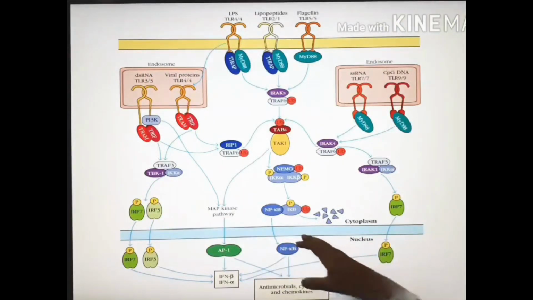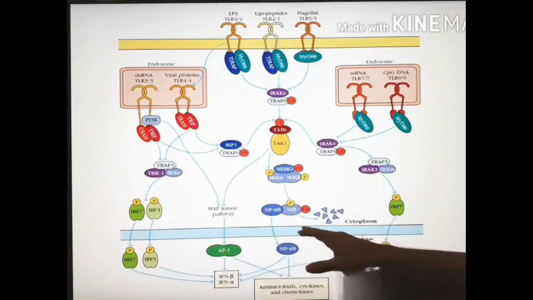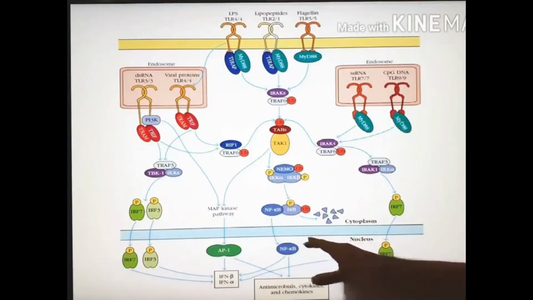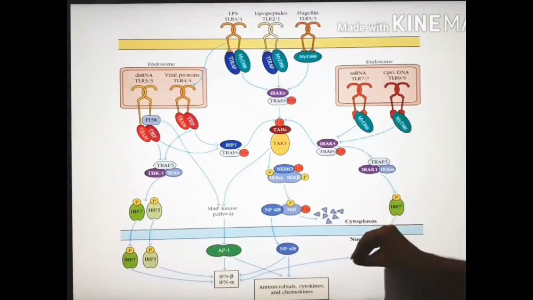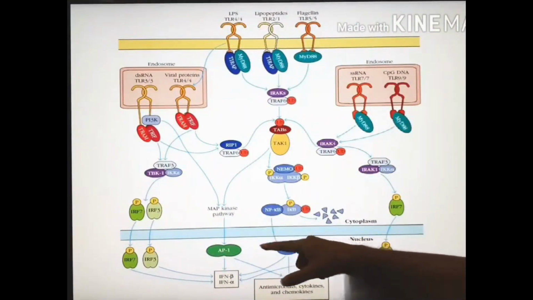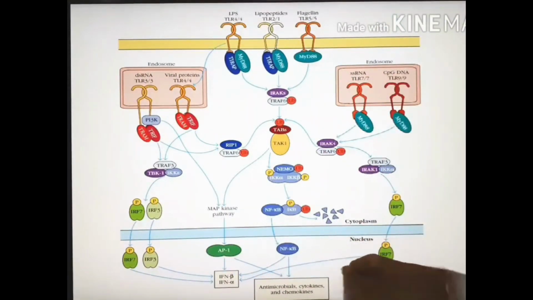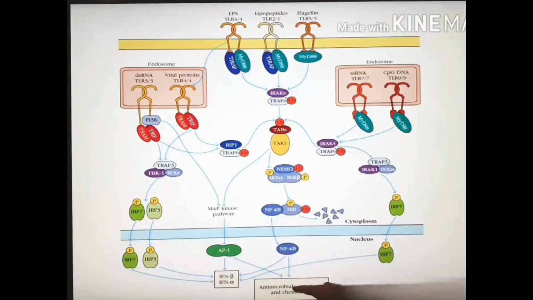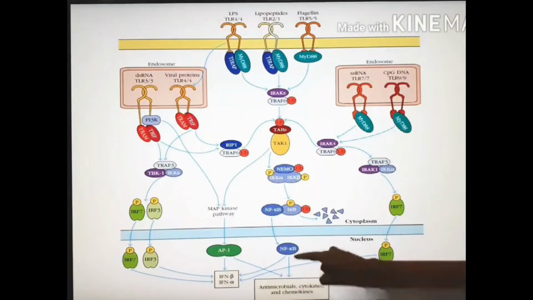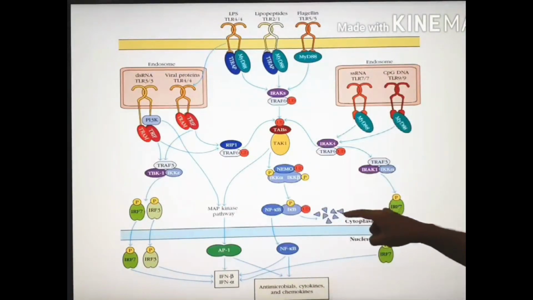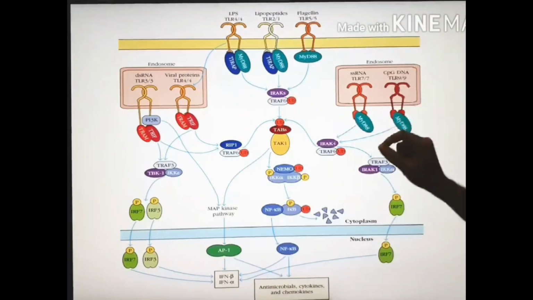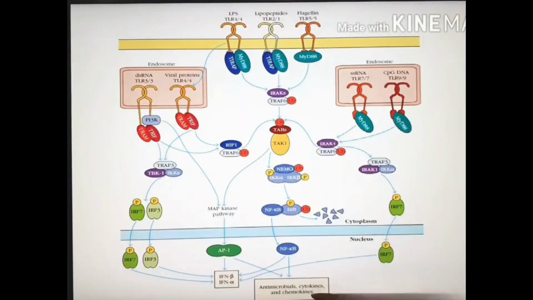These 3 or 4 transcription factors help to produce some proteins like antimicrobials from the cell that has recognized PAMP, and some cytokines and chemokines.